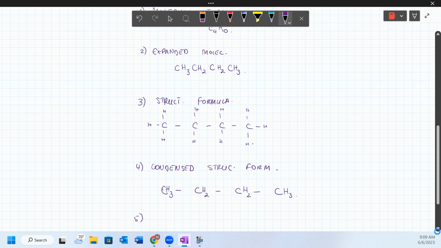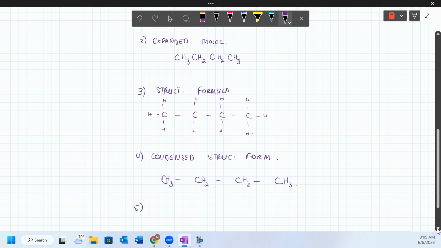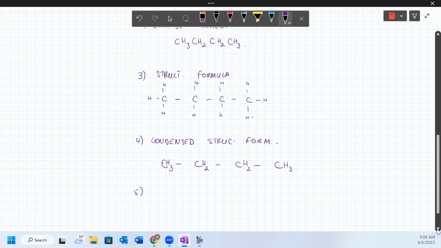And the fifth way, which is used very often by students and teachers, is known as the line structure. We are just drawing lines in an up and down shape like this.